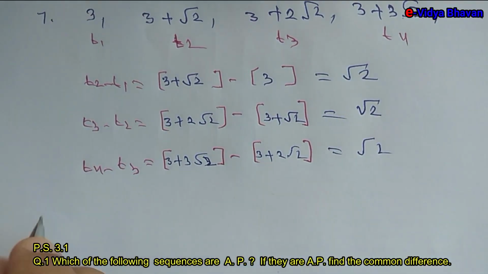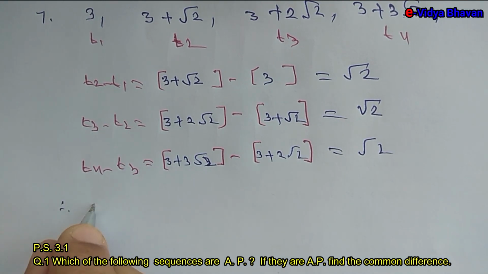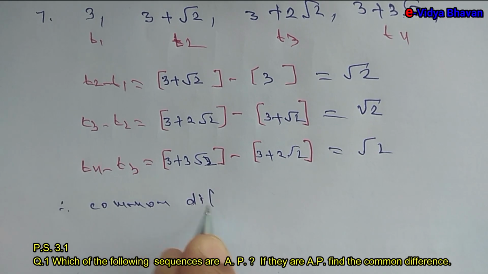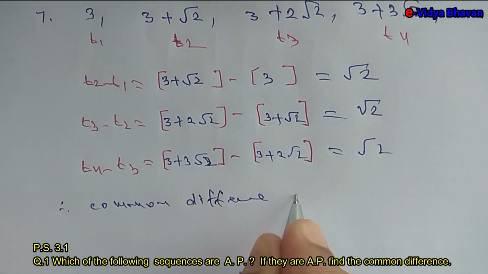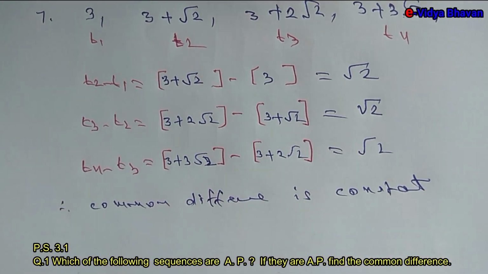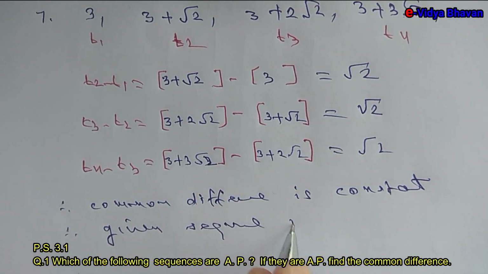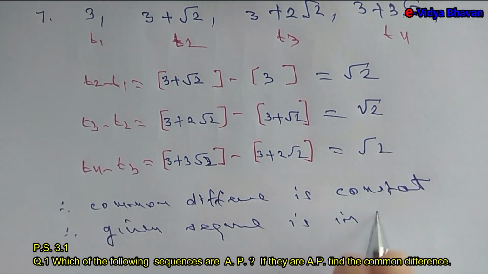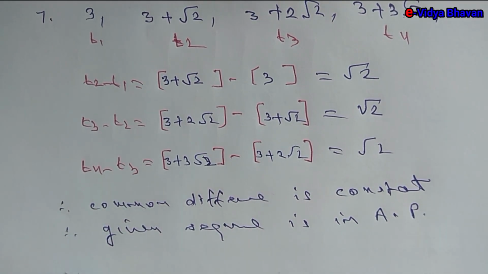The common difference is same. So I can write down, common difference is constant. Therefore, given sequence is in AP.